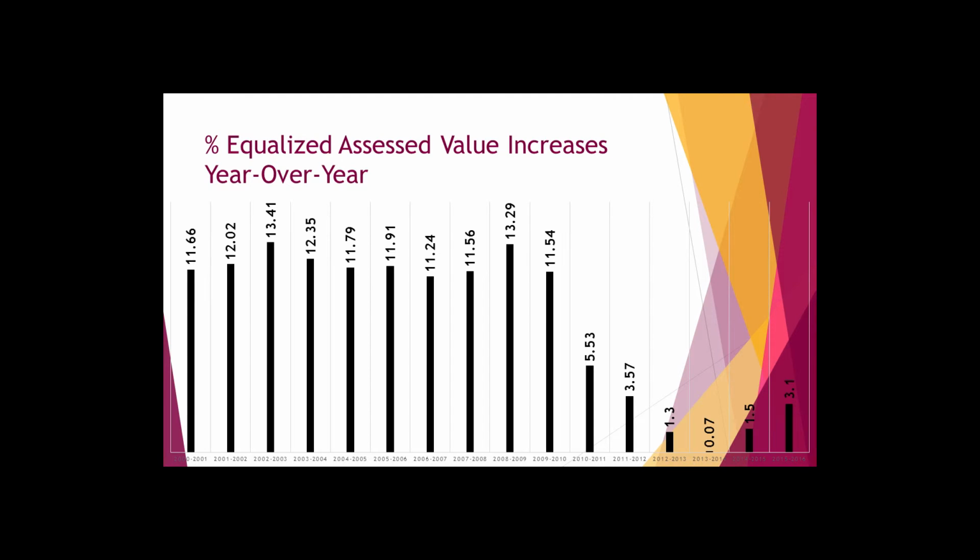And these are the years where you started seeing the district talked about financial difficulties. We did deficit reductions, and we are now moving back up with EAVs, and so the deficit reductions we've done and the efficiencies that we've enacted have helped us to balance the budget and move forward.